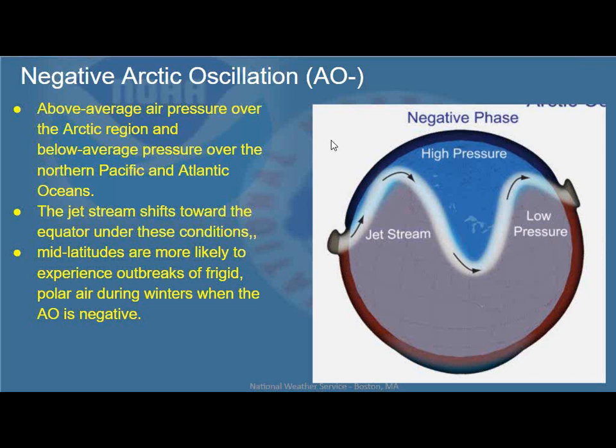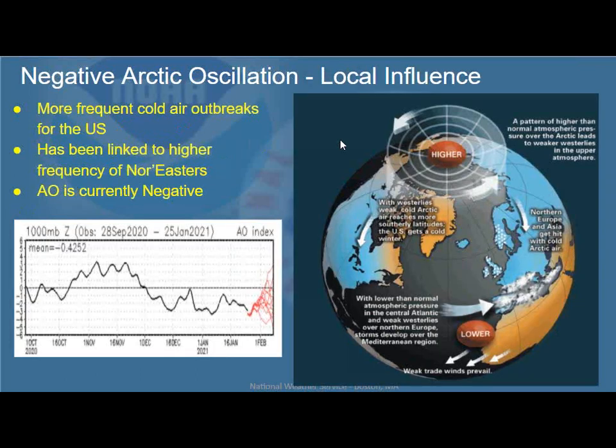When this happens, the mid-latitudes and, on some rare occasions, the subtropics may even experience outbreaks of frigid polar air when the AO is deeply negative. Locally, it is associated with more frequent cold air outbreaks for the eastern U.S. and has been linked to a higher frequency of nor'easters.